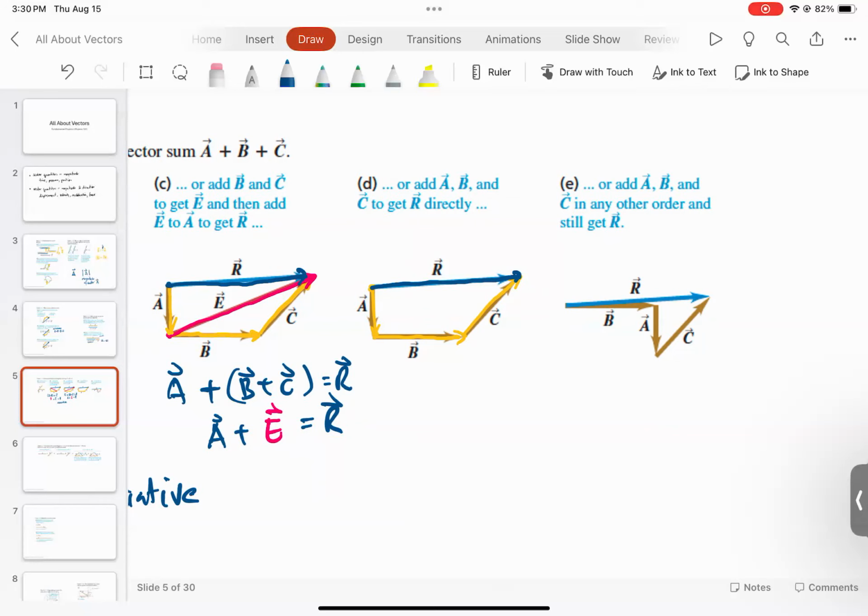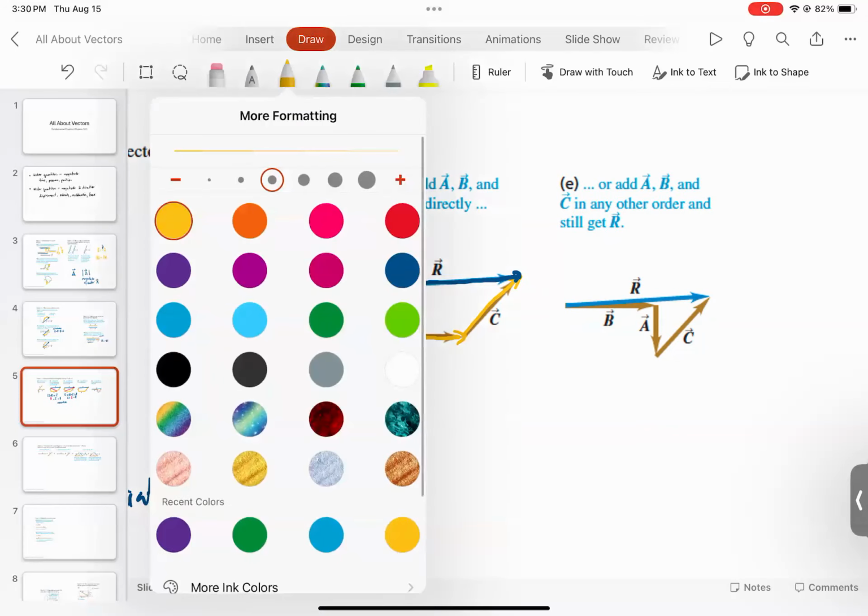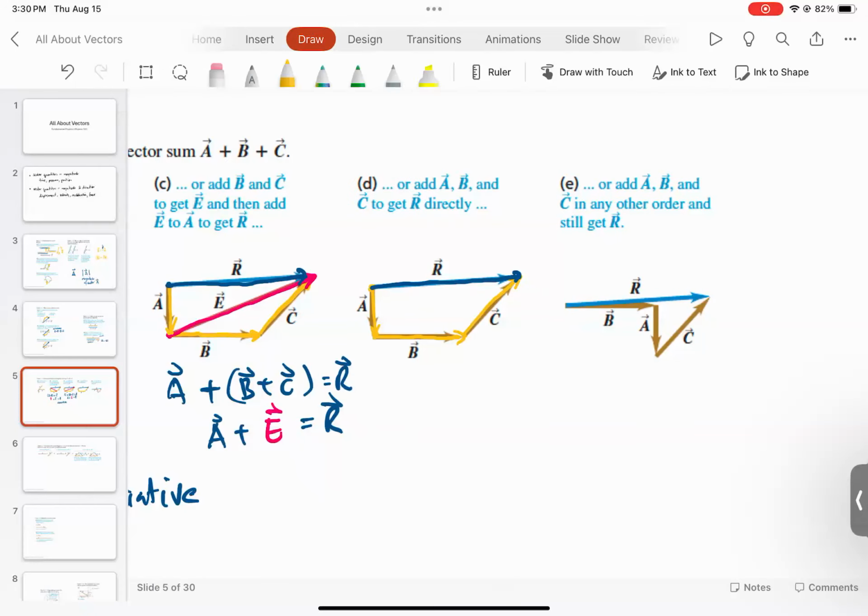So, in this fifth figure, vector B was placed first, then vector A was attached to it. So instead of A plus B, it became B plus A. Then vector C was attached. Of course, our starting point now is the tail of the first vector, which is vector B, and the head of the last vector, which is vector C. So, yeah.